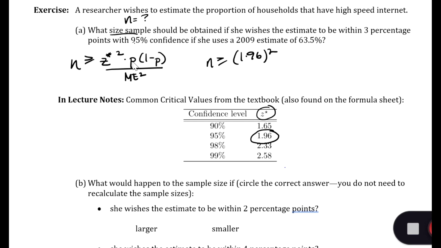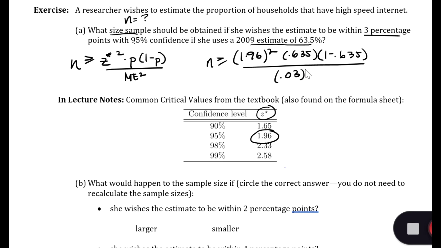My preliminary estimate is from 2009, and that's going to be 0.635, and then I have 1 minus 0.635 divided by my margin of error, and that's within 3 percentage points. We are not using percentages, we're using decimals, so we make it 0.03 squared.